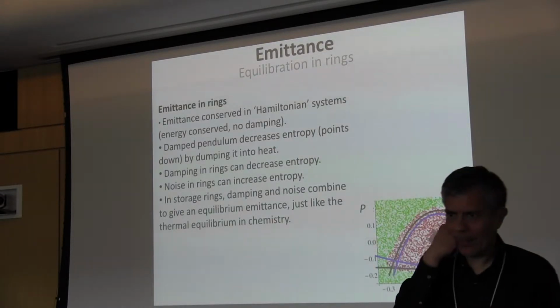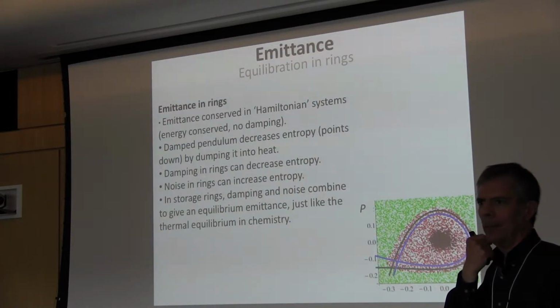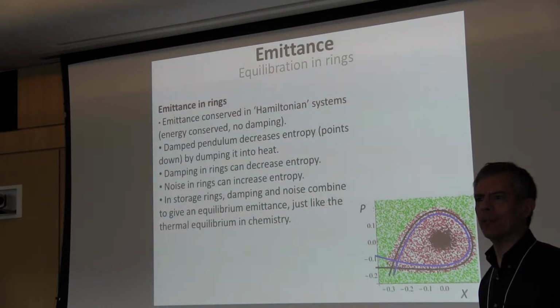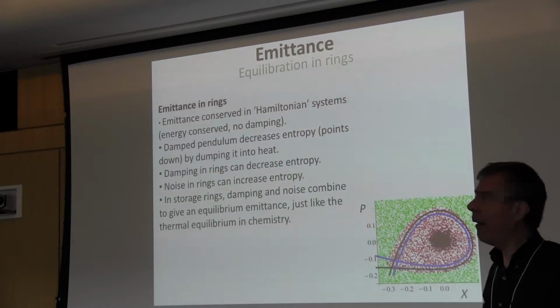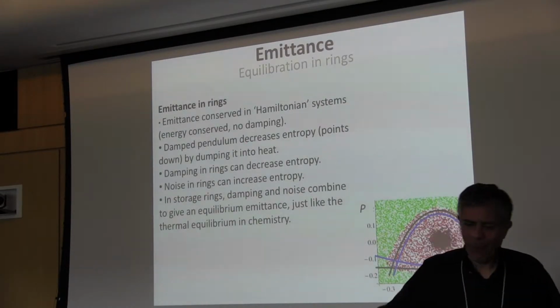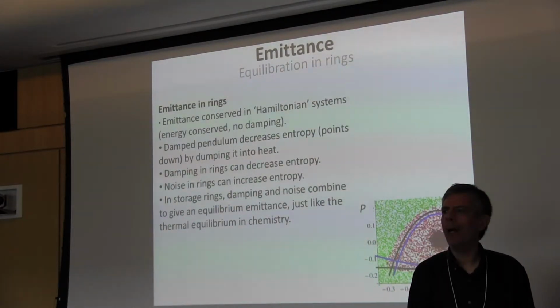Now, in rings, emittance is not conserved. Entropy doesn't always increase either. Entropy increases for the world at large, but if you have a damped pendulum, you start off doing all kinds of things, but it always ends up pointing down in a very low entropy state.